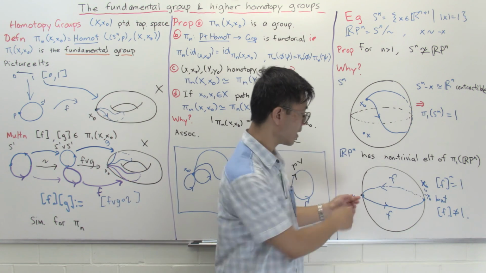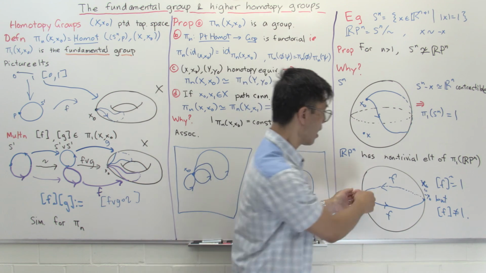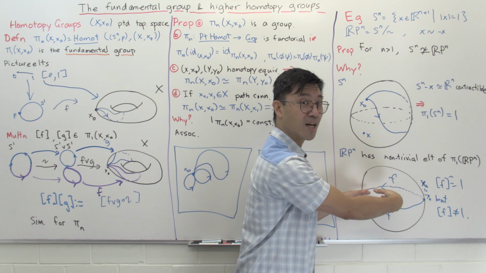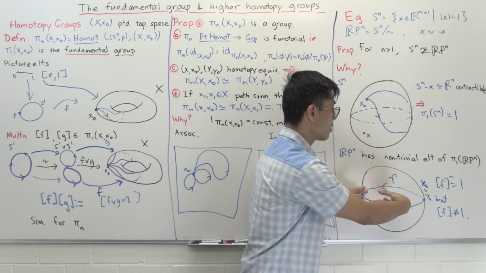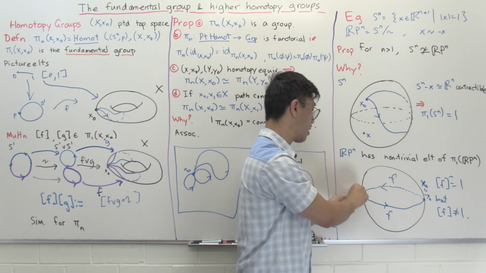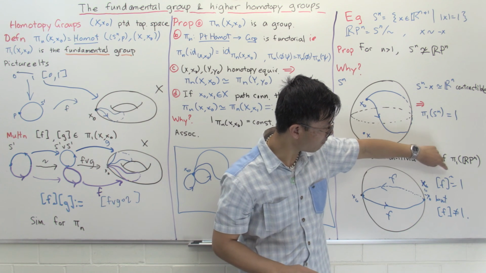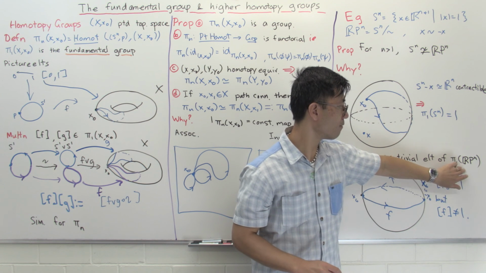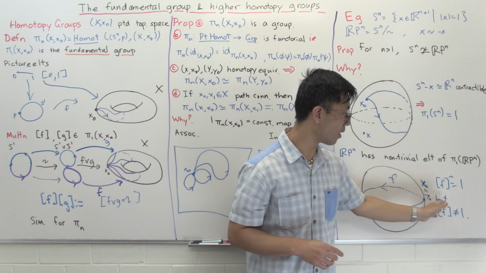So f squared is you go around like this. And when you go around like this, you now have an actual loop inside the Sn, and you can homotope that down to the constant. So it turns out that this f, when you square it inside this fundamental group, you get the identity. This is rather interesting.